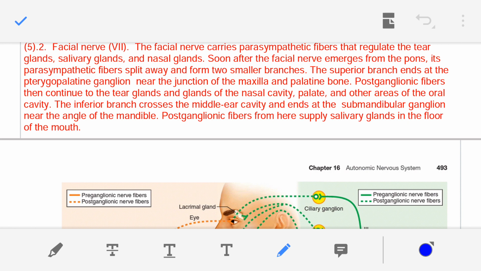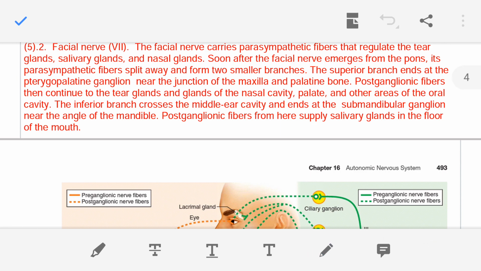Soon after the facial nerve emerges from the pons, once the facial nerve leaves the pons, its parasympathetic fibers split away and form 2 smaller branches.